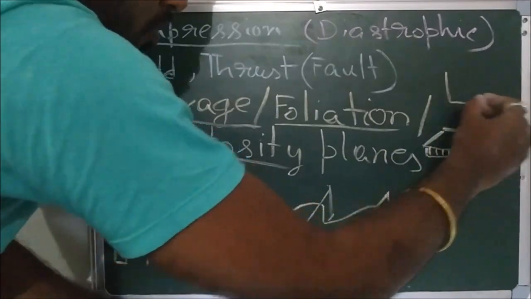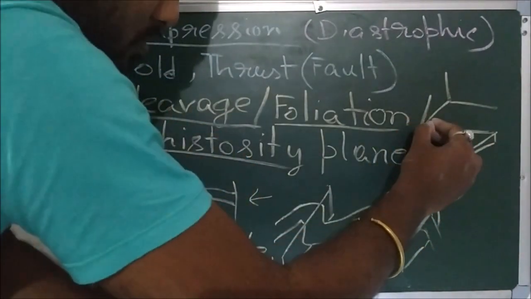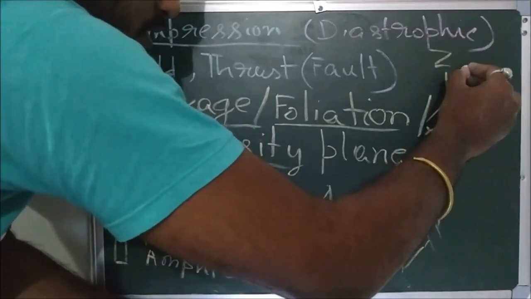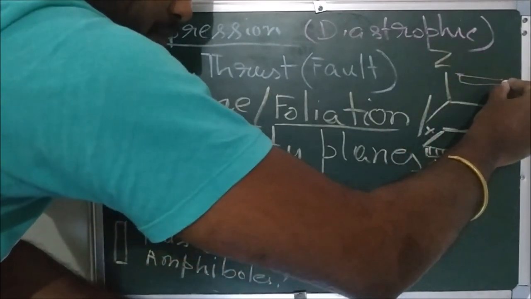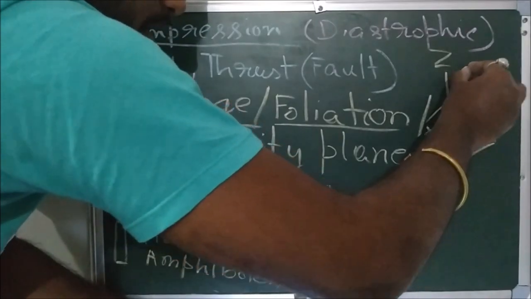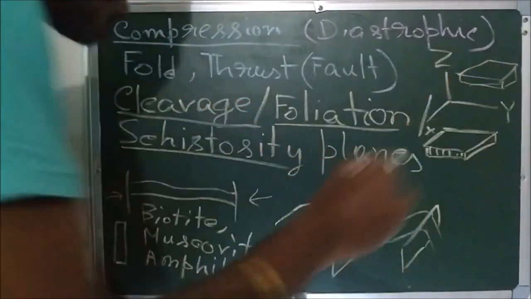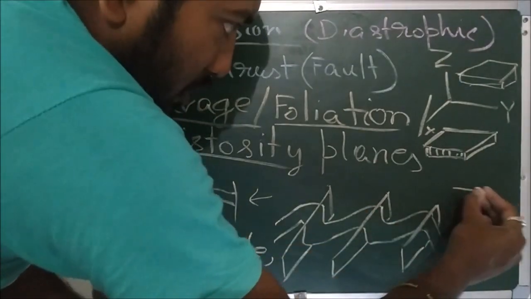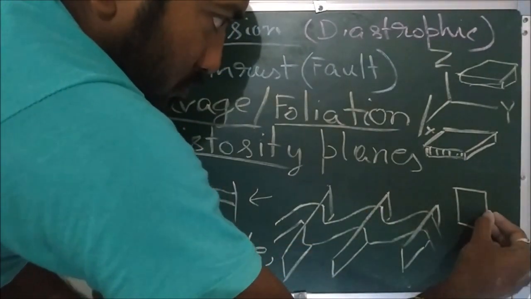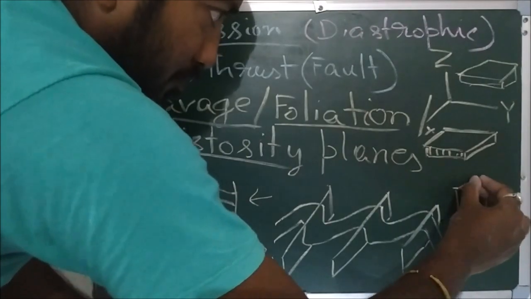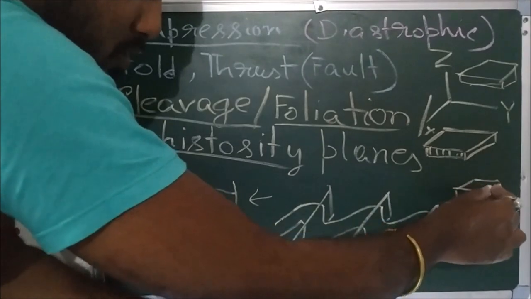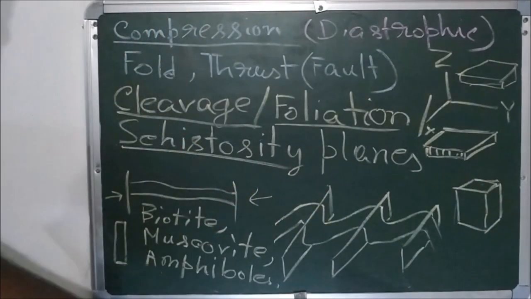Suppose this is the XYZ axis, the Z dimension is very small and X and Y are large. Amphibole is prismatic, long prismatic, means one dimension is more in comparison to the other two.